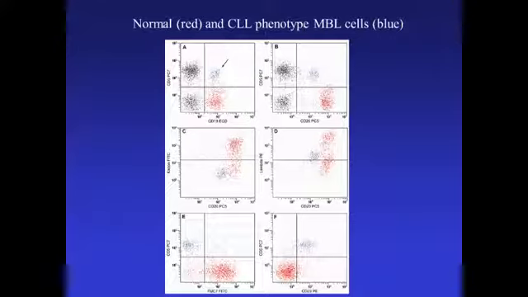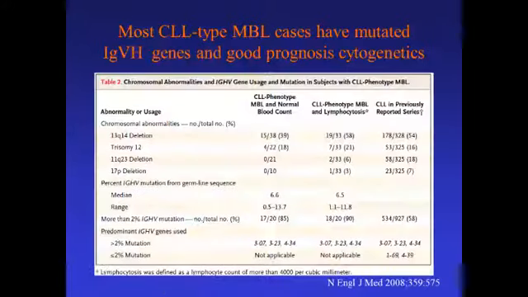In this particular case, the CLL phenotype cells represent maybe 50 cells per microliter. They express weak CD20. This is kappa and this is lambda, and we're showing it based on CD20, so these are all B cells. You can see weak, monotypic expression of kappa relative to lambda. These cells also express CD23. So that's the CLL phenotype in a small population of cells in some normal individual.